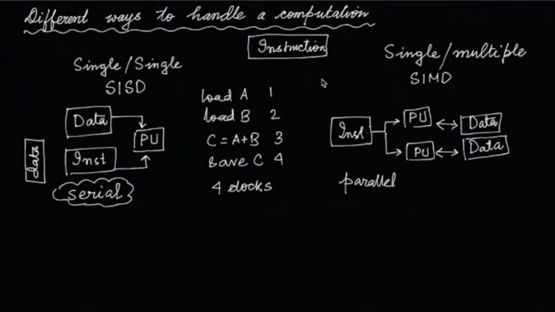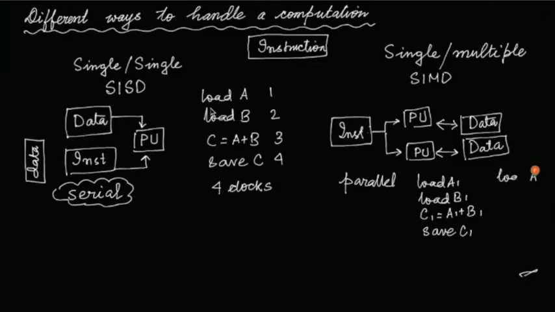For example, if I carry on with the previous case, I have load A. This can be one processing unit doing it, and the other processing unit is working on the other set of data, which I call A2, B2, C2, and so on.